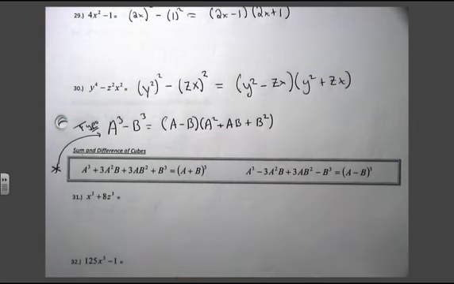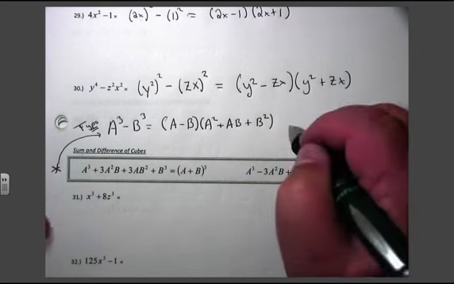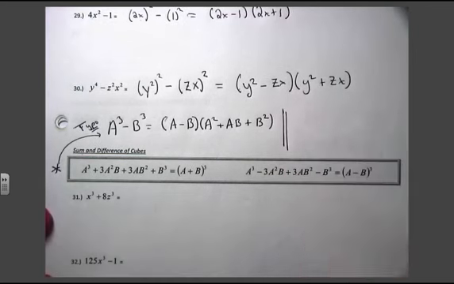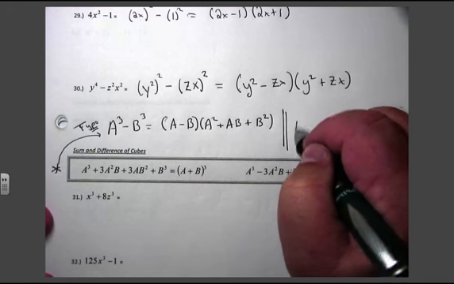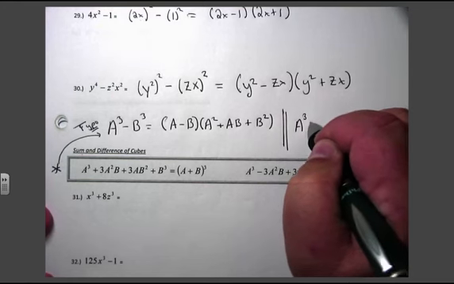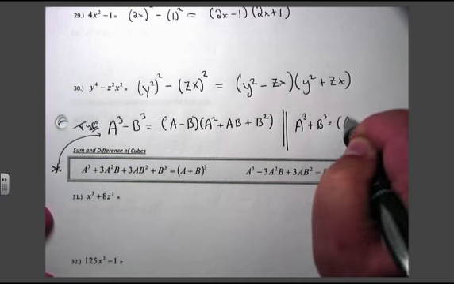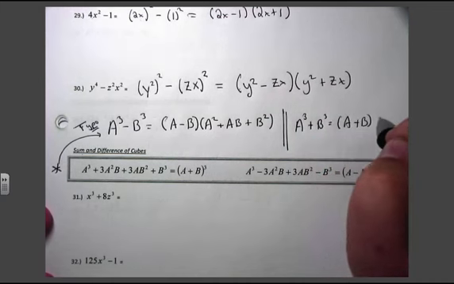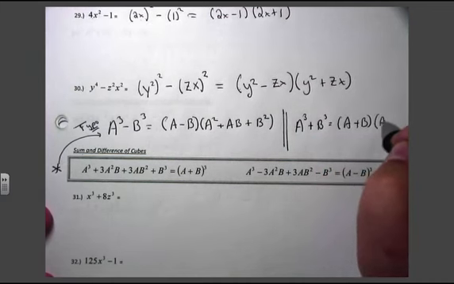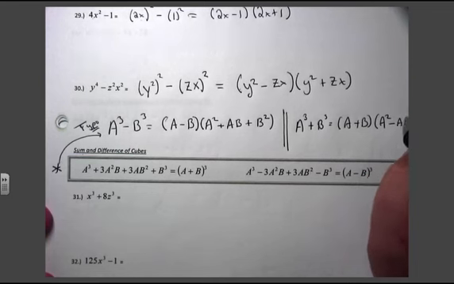This is the best you can do on it. And the other one is the sum of cubes. Sum of cubes does factor. A cubed plus b cubed factors into a plus b times a squared minus ab plus b squared.